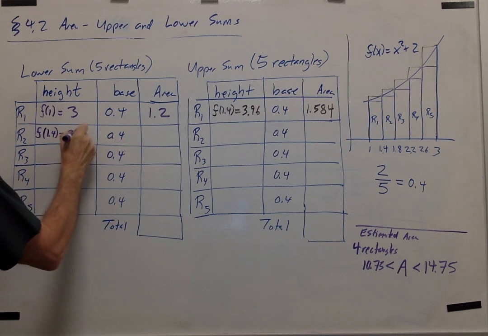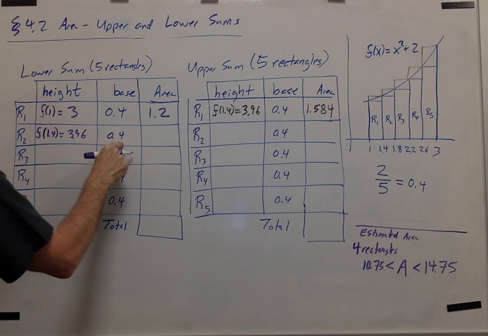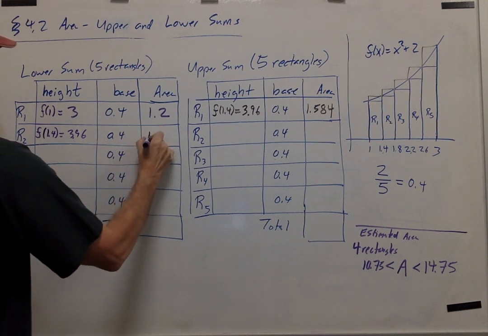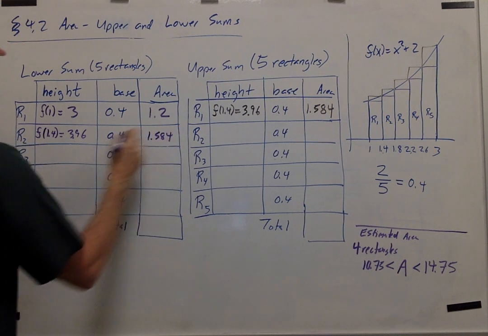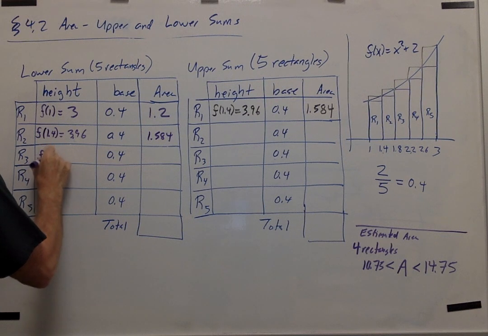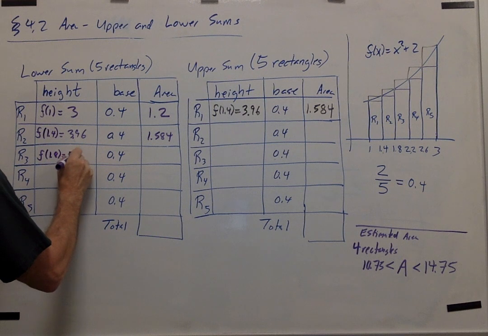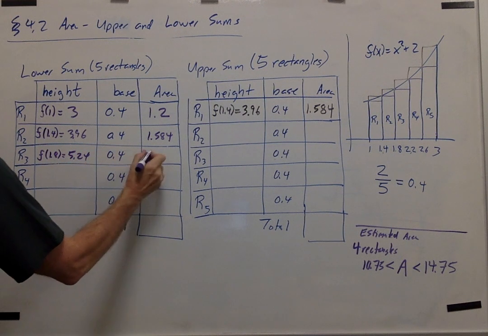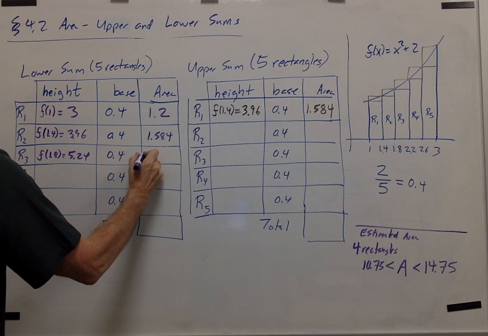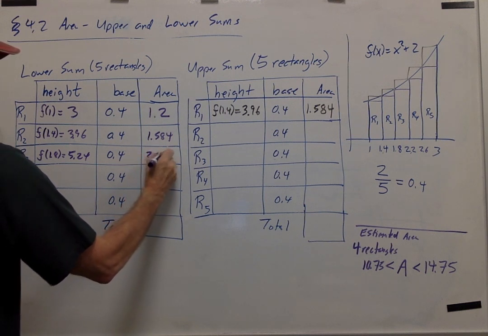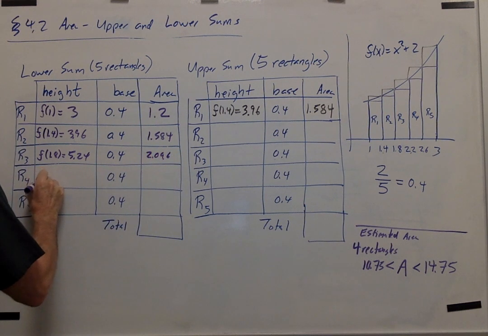When you multiply by 0.4, you get the area of 1.584. Continuing, the height of R3 is f of 1.8, which is 5.24. Multiplying by 0.4, you get 2.096 as the area.